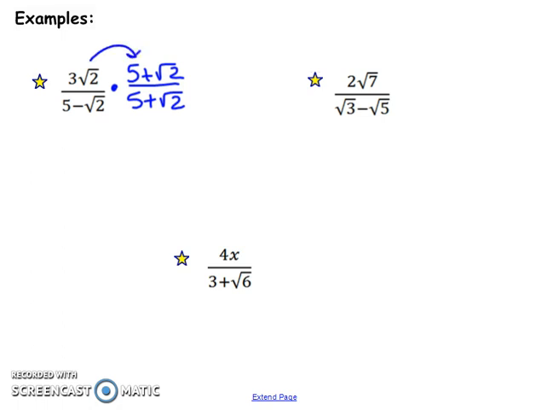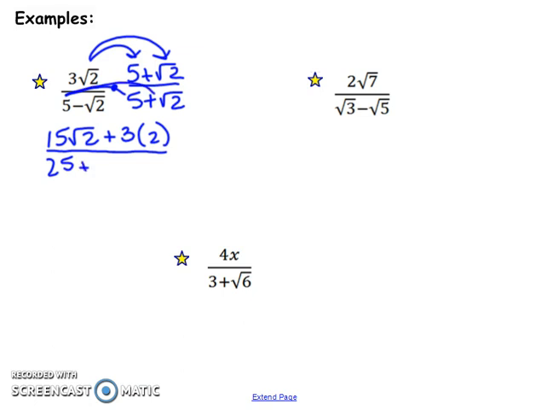So 3 radical 2 times 5 gives me 15 radical 2. 3 radical 2 times radical 2, that's going to give me 3 times 2. Now on the bottom, when we FOIL this out, 5 times 5 is 25. 5 times radical 2 is 5 radical 2.